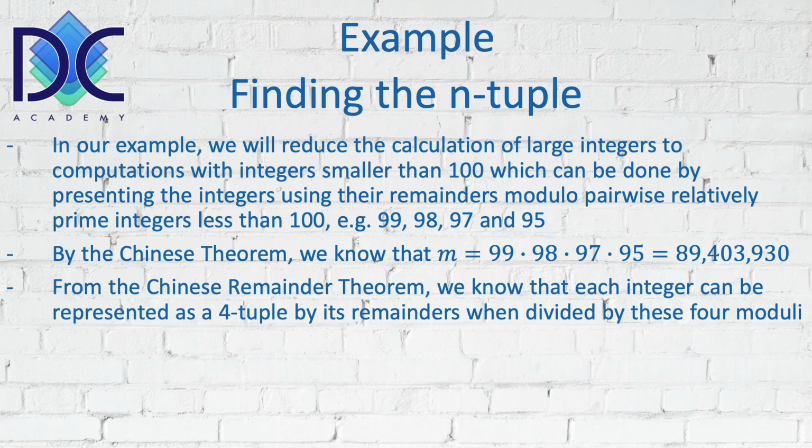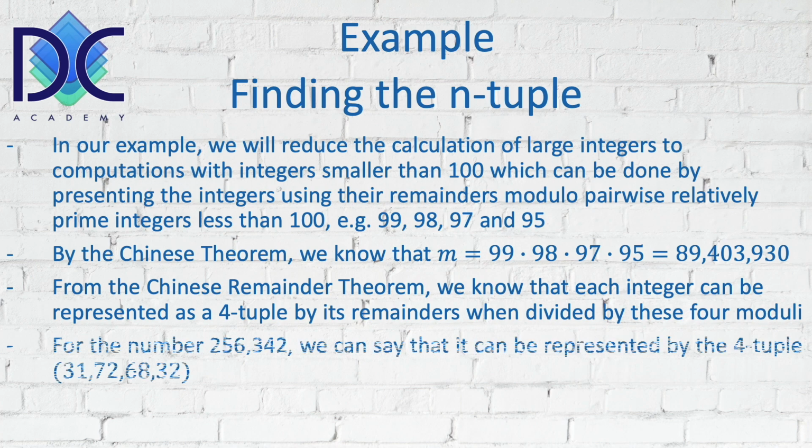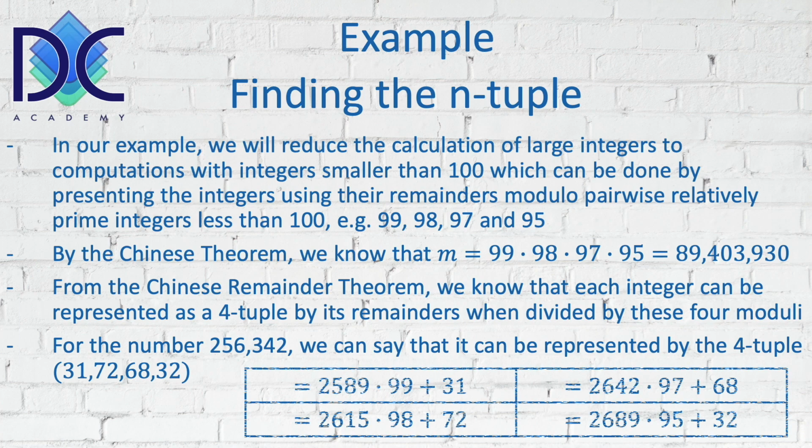Based on this, we can represent each integer as a 4-tuple by its remainders when divided by those four moduli. So for the number that we choose, 256,342, we can say that it can be represented by the 4-tuple 31, 72, 68, and 32.